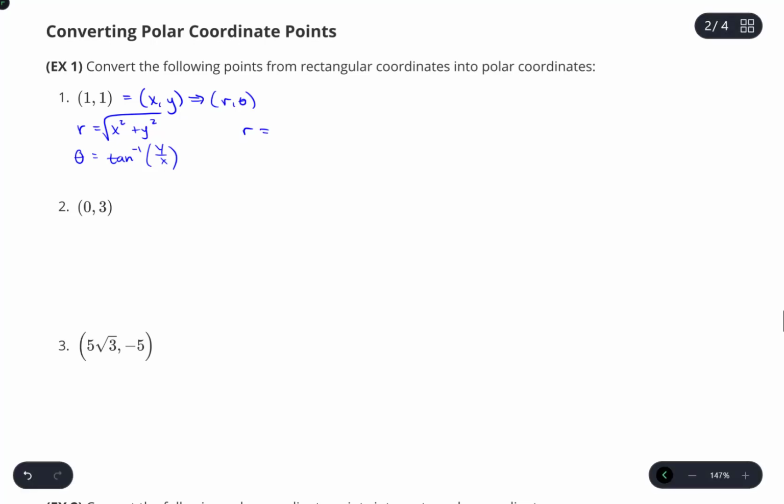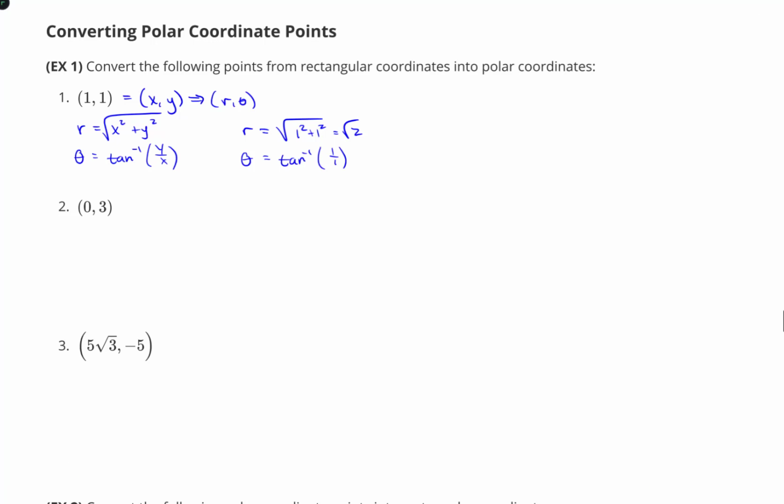R in this case would be the square root of 1 squared plus 1 squared, which is the square root of 2. Theta would be the arctangent of 1 over 1, which is 1. And the arctangent of 1, if you think about that, it means that sine and cosine would have to be the same value. And that's going to be at pi over 4.